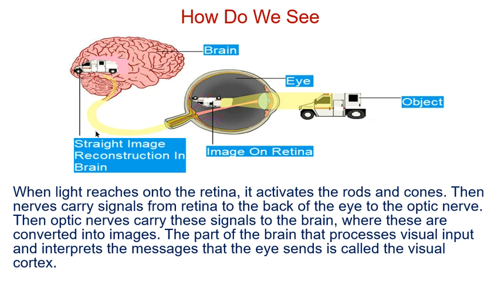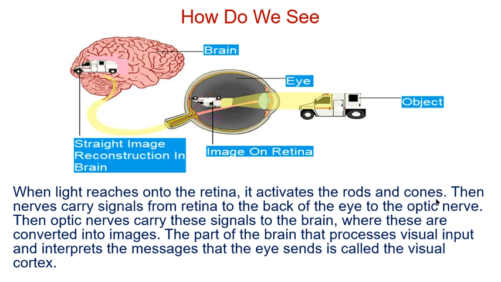This is the brain. Straight image reconstruction takes place here. This is the image on the retina, this is the object, and this is the light. Now see, when light reaches the retina, it activates the rods and cones, the cells you can see in the first diagram. They are activated because they are sensitive and are receptors of light.